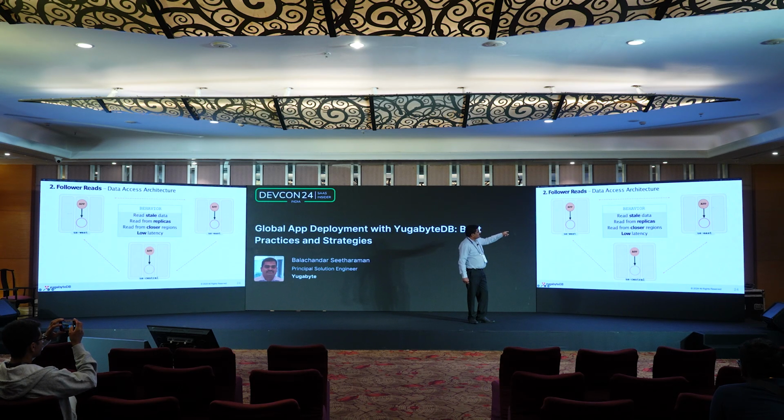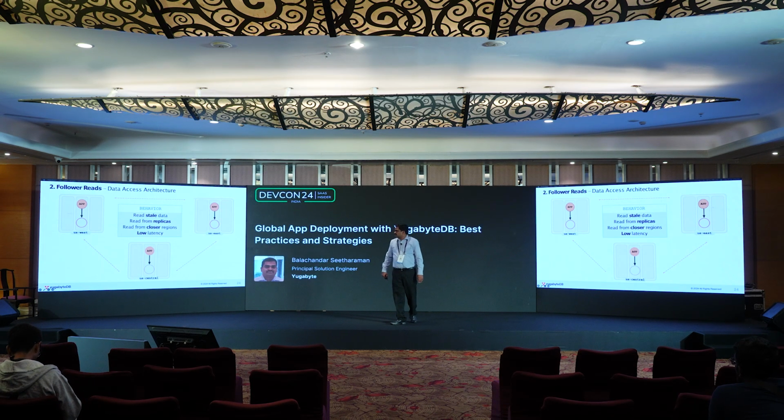The other way: I don't want that. The copy is available in the respective region anyway, so why don't I do a local read, a follower read? Yugabyte supports that. You can go to the respective node and do a follower read. The only condition is that you will be reading stale data from the replicas. The readers are closer to your region, you are doing a local read, and latency is low, but you have to accept reading stale data.